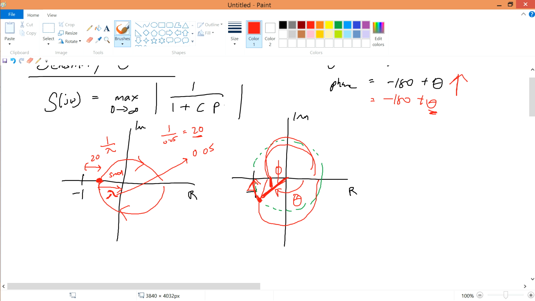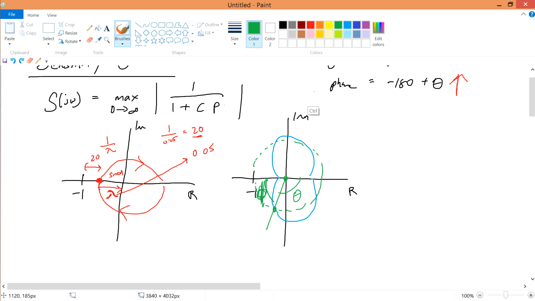So if I have a lower theta angle, for example, if my Nyquist plot is somewhat safer, somewhere over here, then I have a lower theta and a larger phi angle over here.